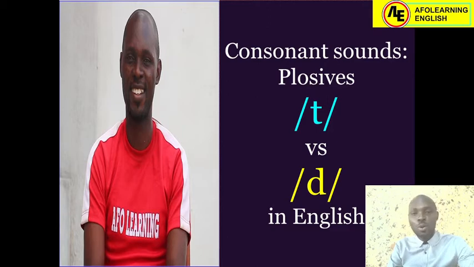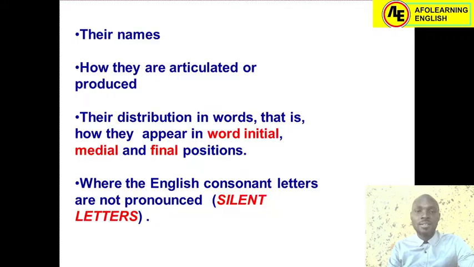And in our series on plosive sounds, today we are taking a look at another pair of plosive sounds. Today we are looking at t and d. So in this video, we are going to be taking a look at the names of these two plosive sounds, how they are articulated or produced, their distribution in English words, that is, where they appear at the beginning of words, at the middle of words, and at the end of words.